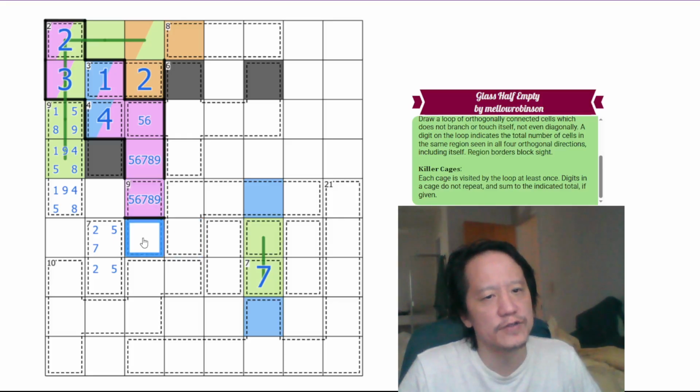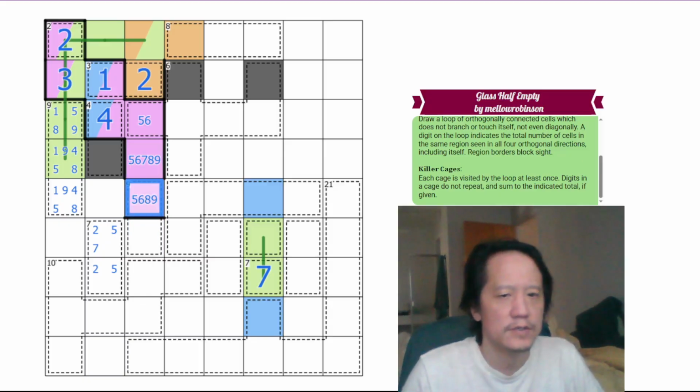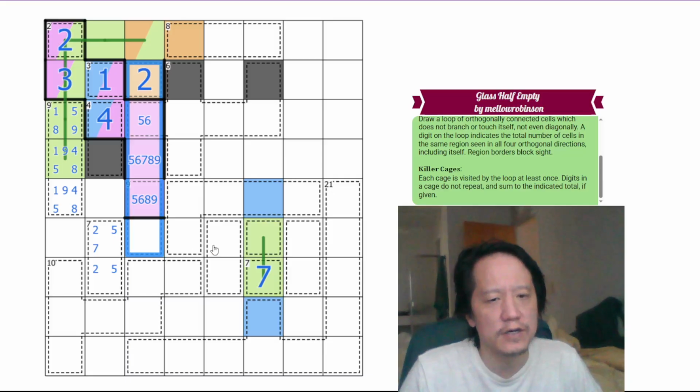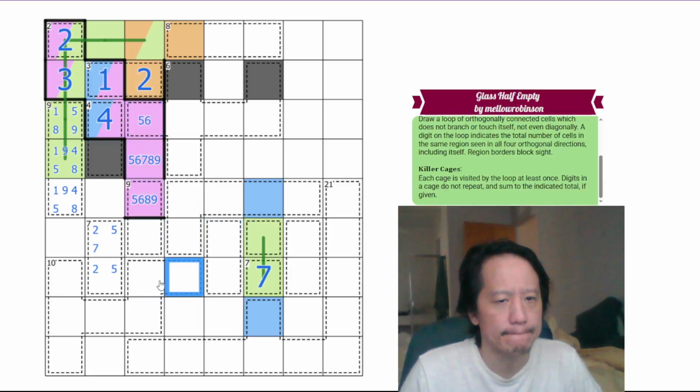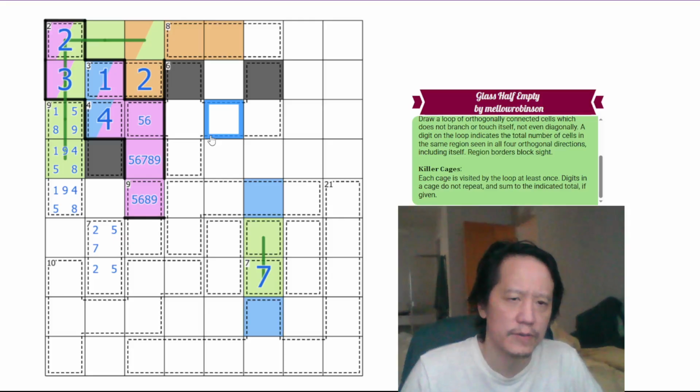If this were 7, this would have to be 2, and that's impossible, because that would be a repeat in the column. We have 2 other digits in this pink region. Orange has to go here. And then it either goes down or it goes that way.